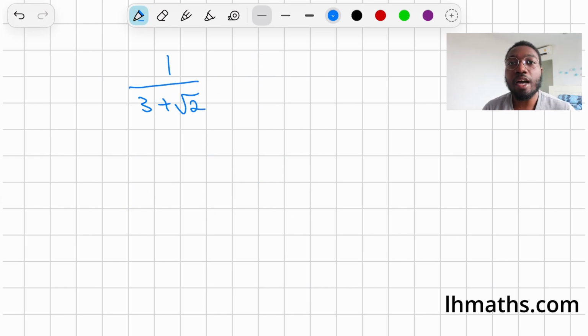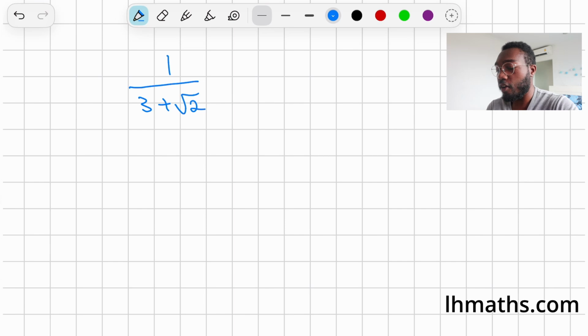So with this question, we now have 1 over 3 plus root 2. And we want to do the same thing. We want to rationalize the denominator. Well, how do we do that with this type of question? What we need to think of is how can we get rid of that root 2? There are loads of ways you can get rid of it, but the easiest way is to think of it like a difference of two squares.